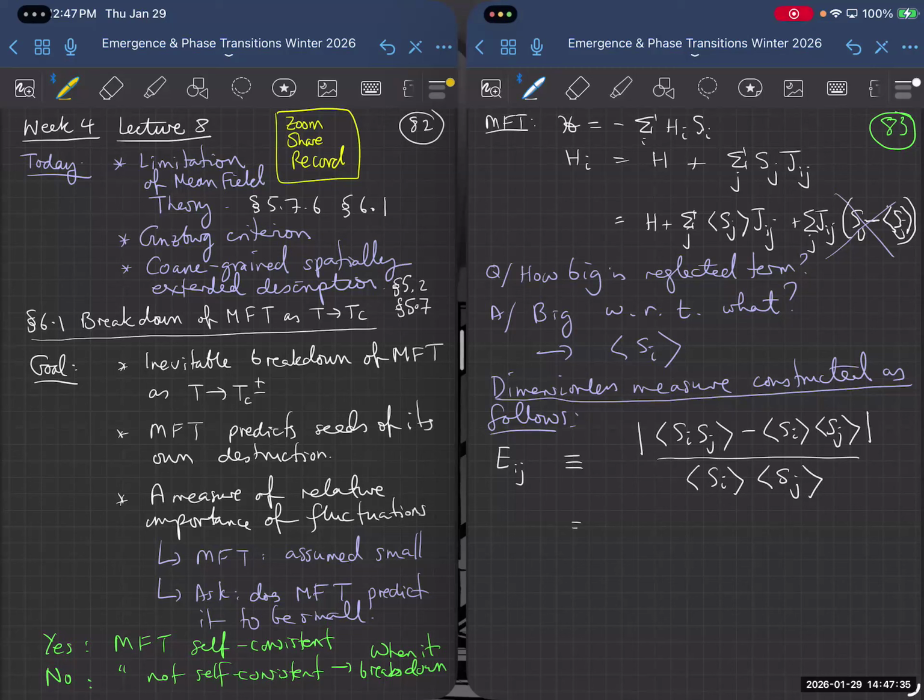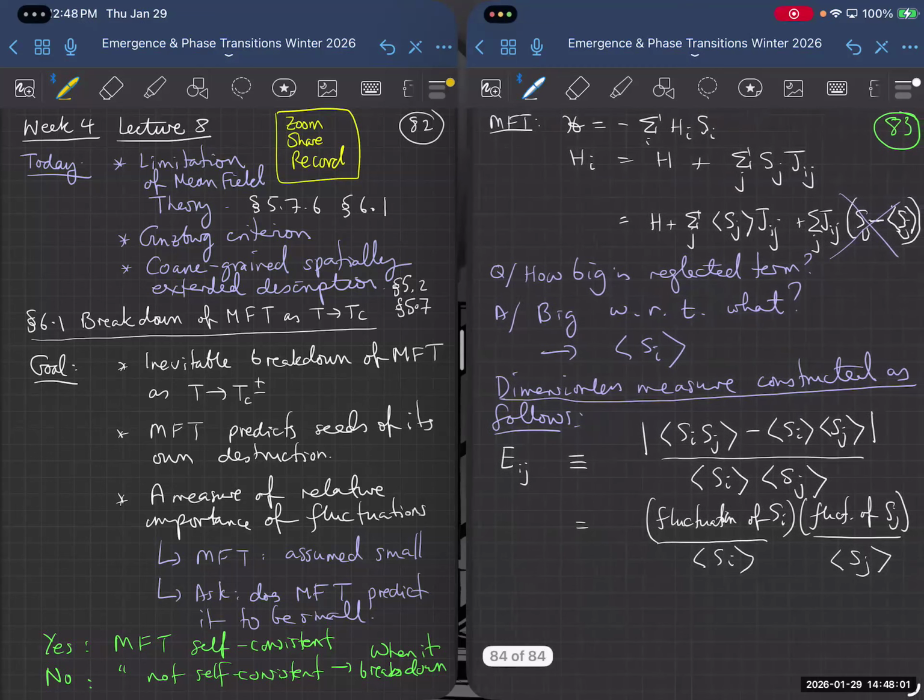And this interpretation says that I'm looking at the fluctuation of spin i, the fluctuation of spin j, and then I'm normalizing that by the average value of spin i, and by the average value of spin j. So that's really what it is.